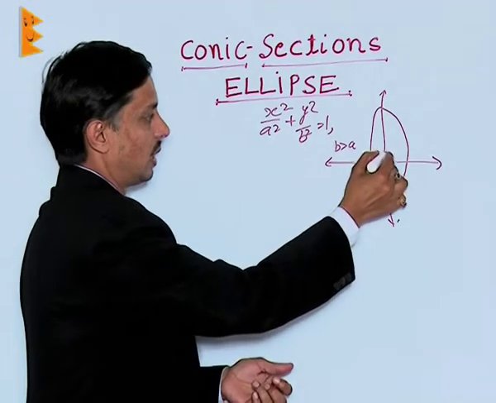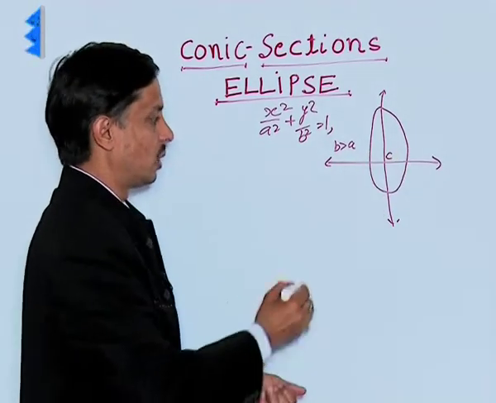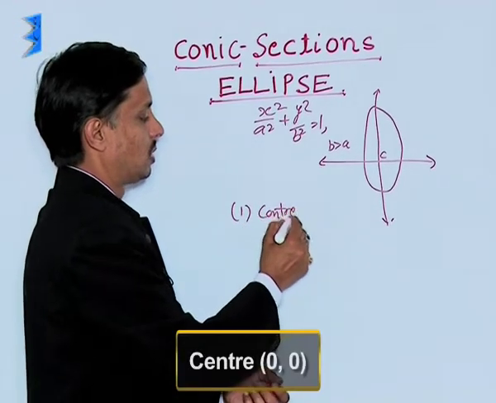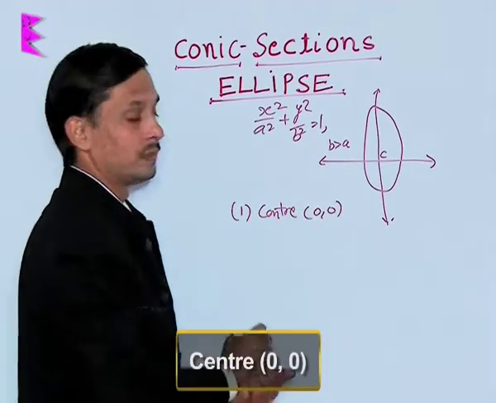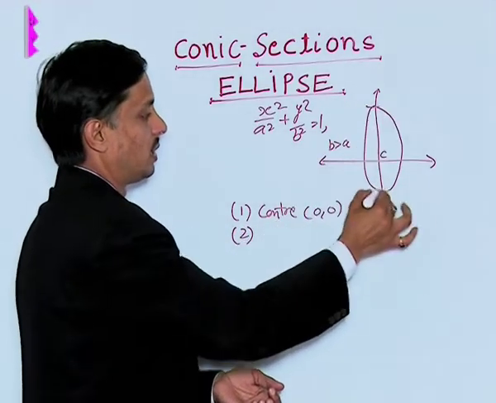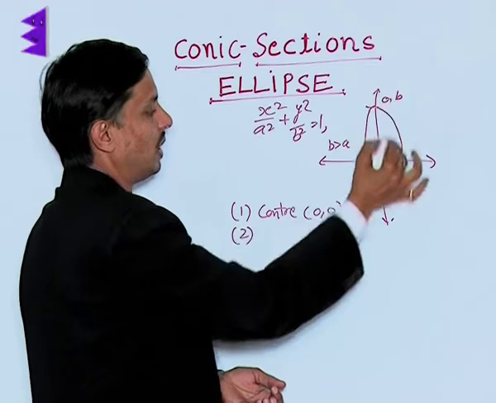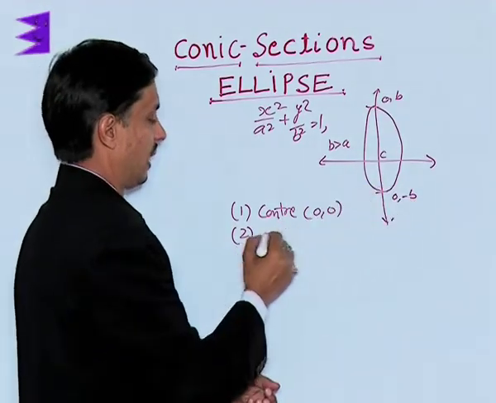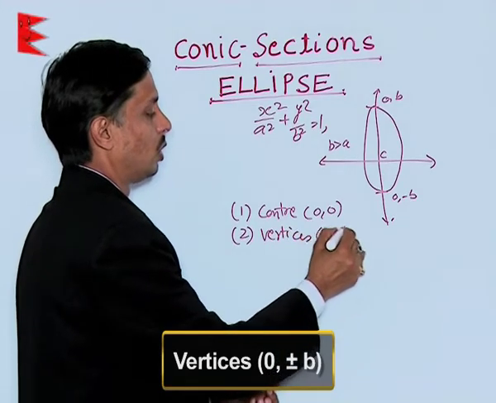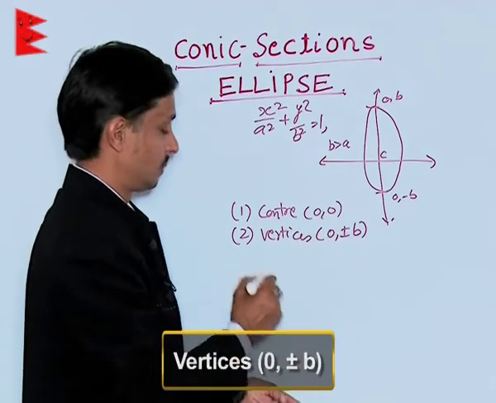Here again the center is at origin. First information: the center is 0 comma 0. Second, the vertices are 0 comma b and 0 comma minus b. We write here vertices 0 comma plus minus b.